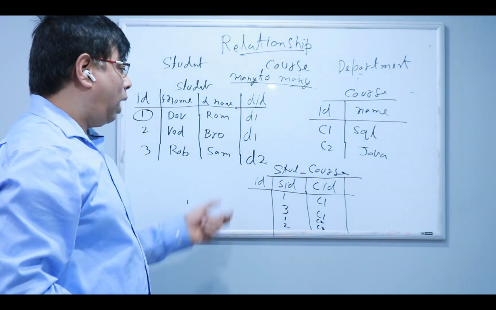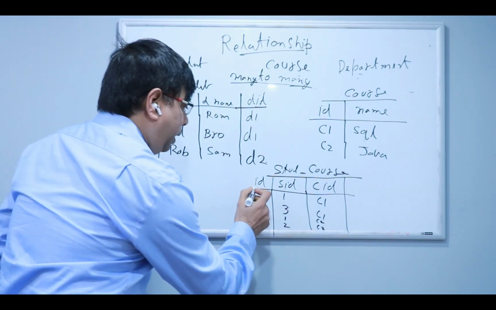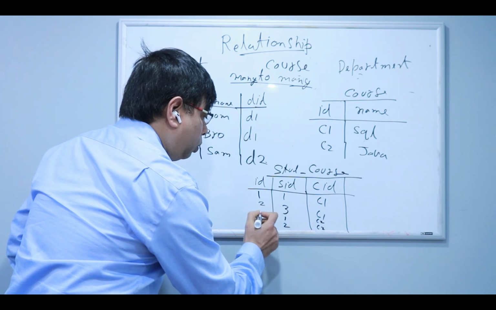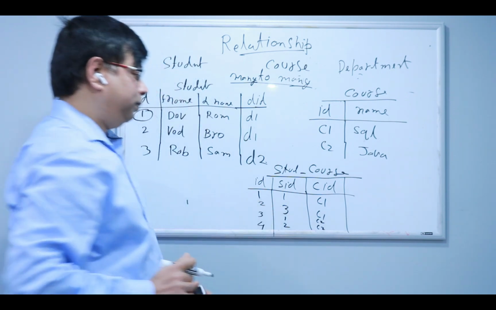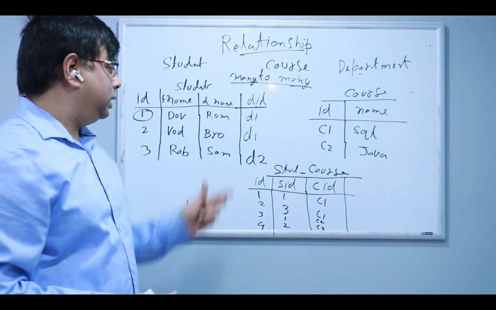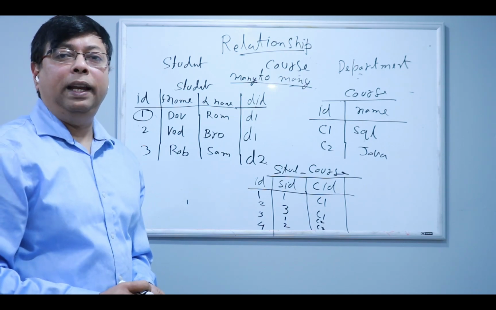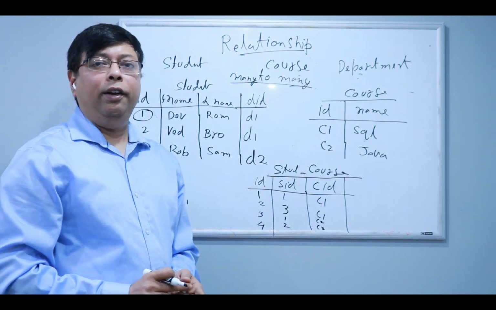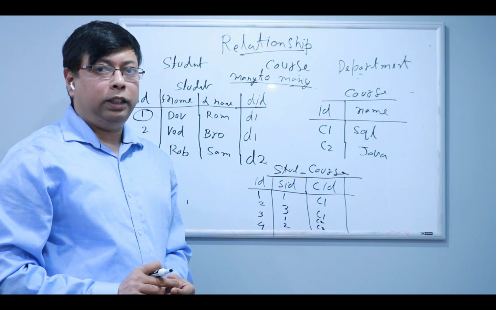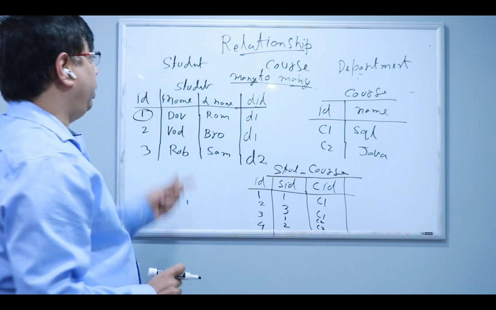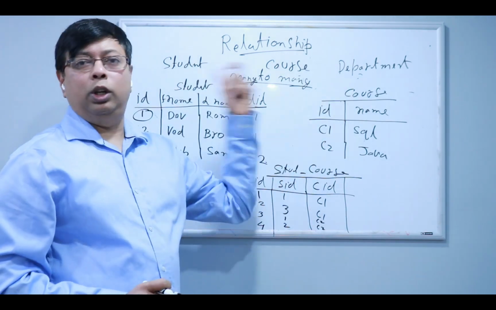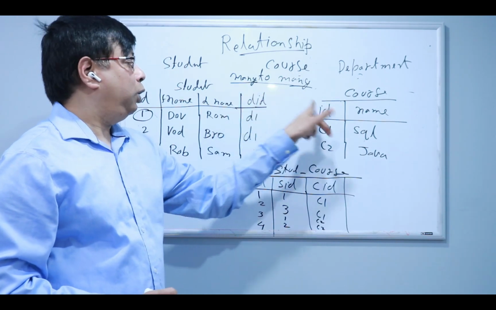So do you see now how we model many to many here? I can say 1, 2, 3, 4. So this is the way we represent many to many in a relational database management system. So we have my student and course. What's the relation between them? Many to many.